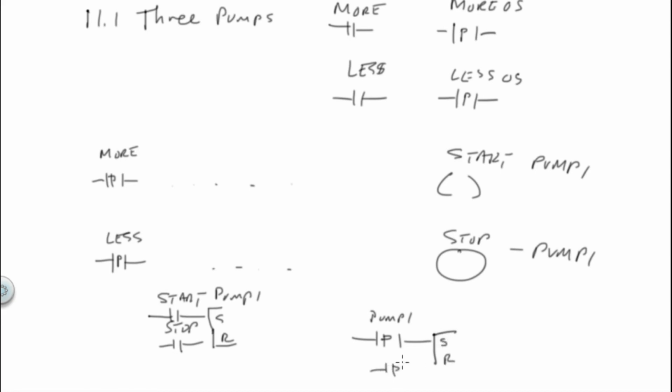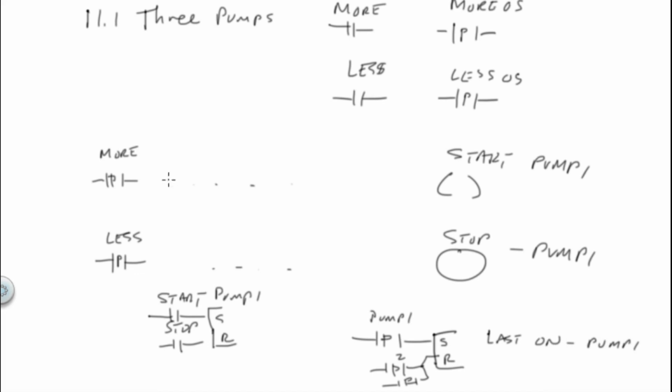And the reset would be pump 2 or pump 3, the leading edge. So the leading edge of the other two would turn it off. So this says the last one on was pump 1. You need to know that in order to have this logic up here.